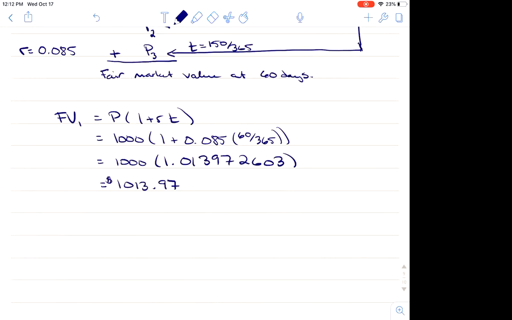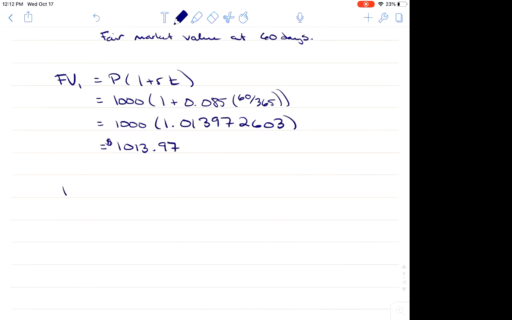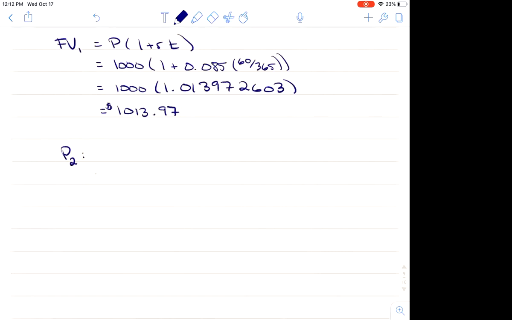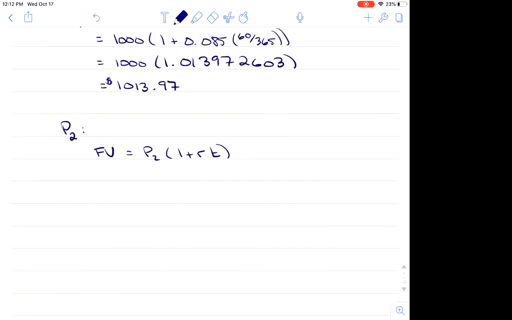Okay. Moving on, P2. I'll say future value is P2 times 1 plus RT, just to show that I know my way around the formula.